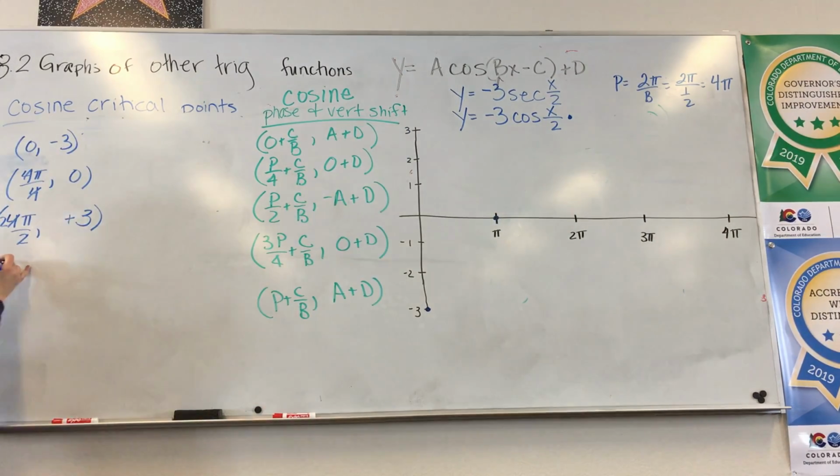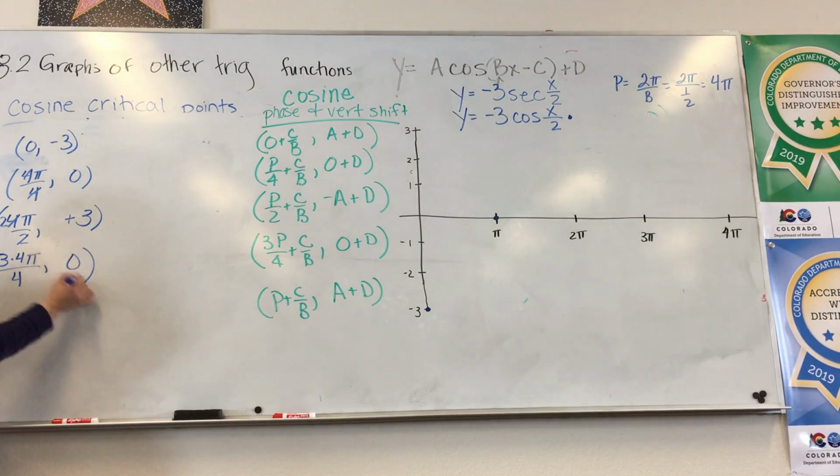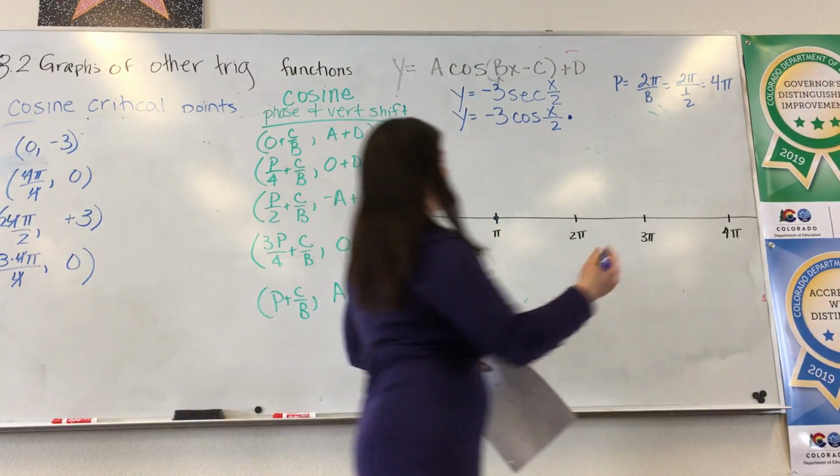Then 3 times 4 pi divided by 4, and 0. Well, the 4's cancel, so I have 3 pi and 0 right here.